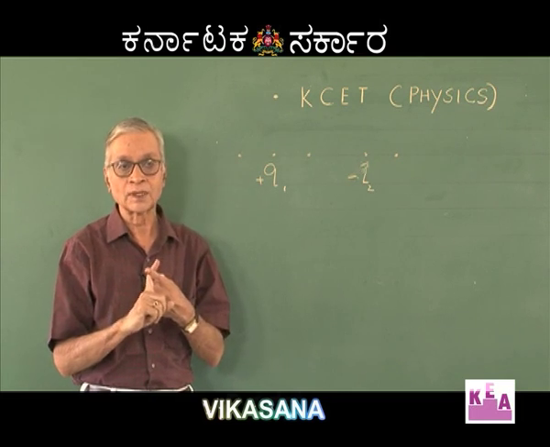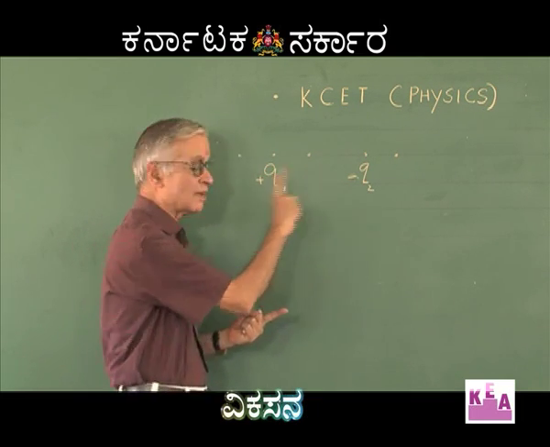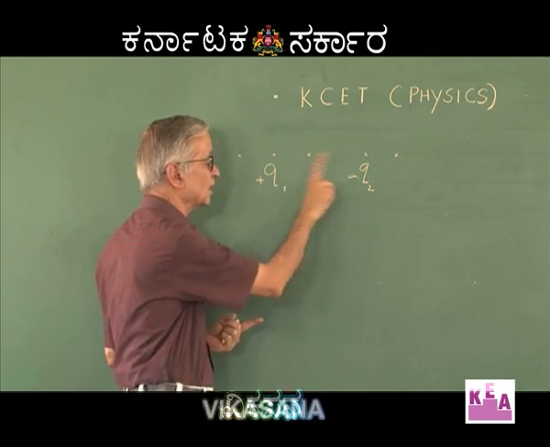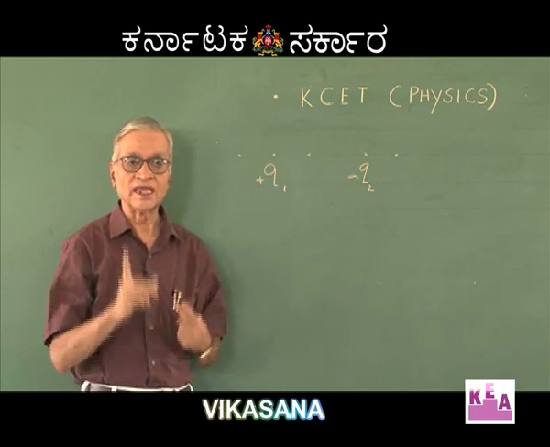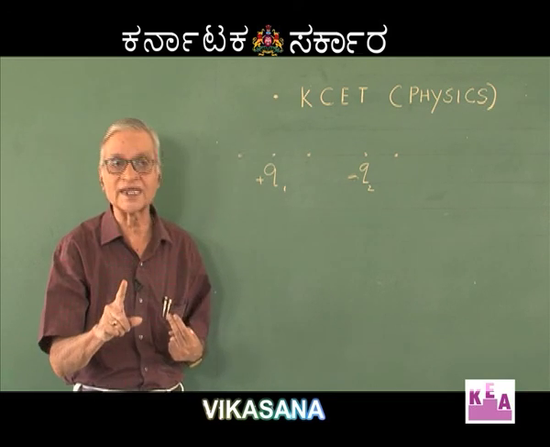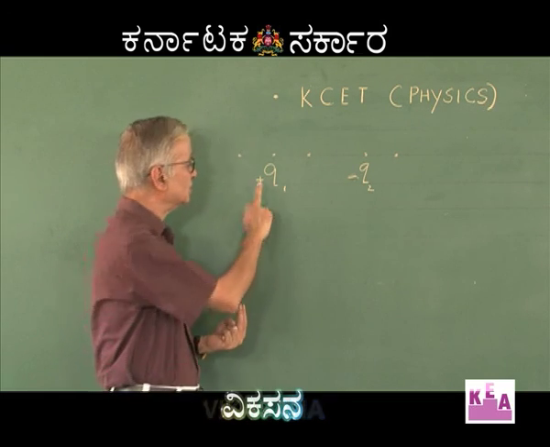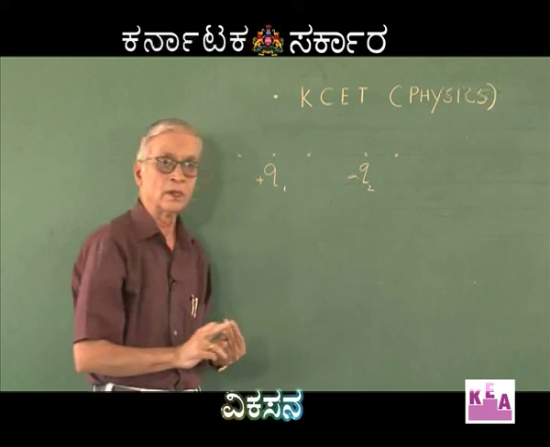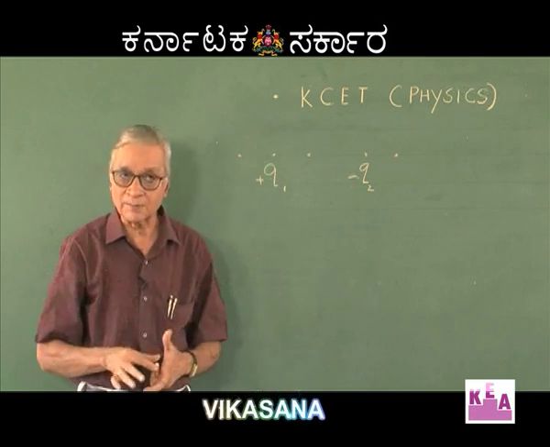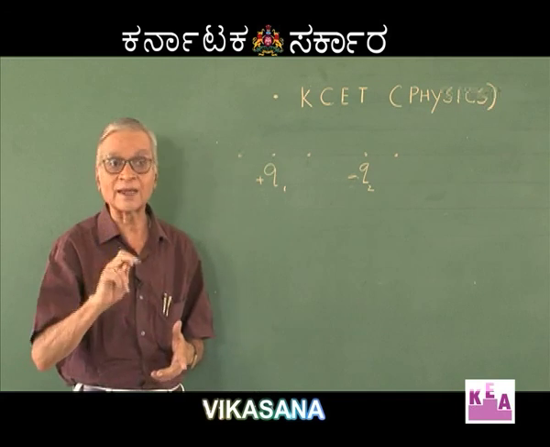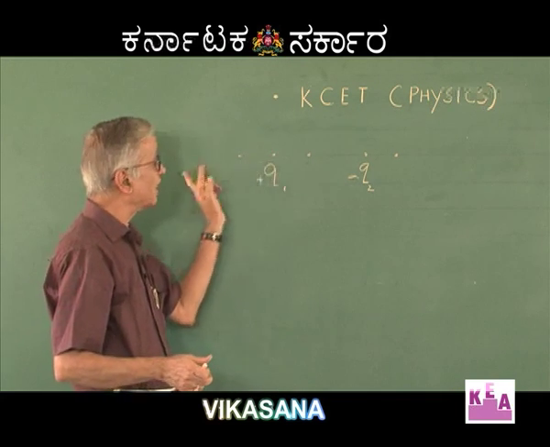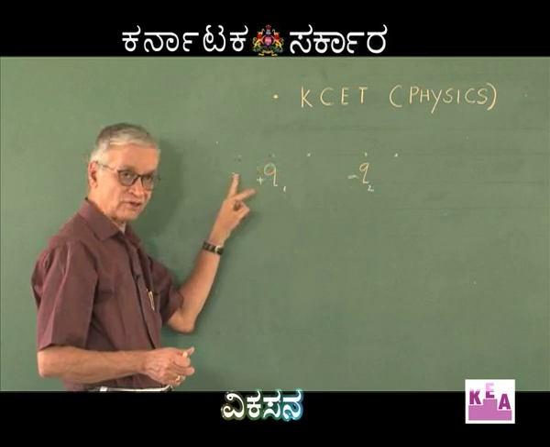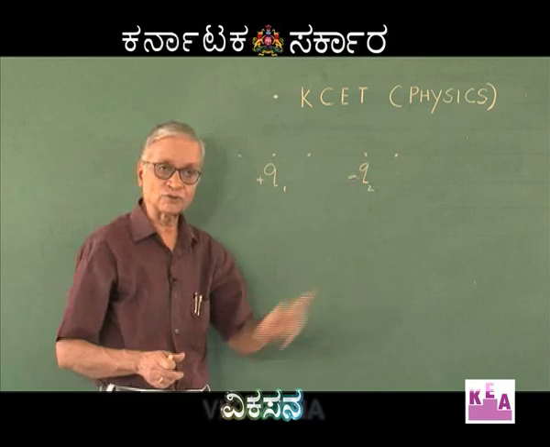Number 1, if the charges are of the same nature, null point must lie between the two charges. Number 2, if the charges are of opposite nature, whether this is positive, this is negative, or this is negative, this is positive, the electric intensity can be 0 only at a point beyond the line joining the two charges, in the sense, either to the left of Q1 or to the right of Q2.